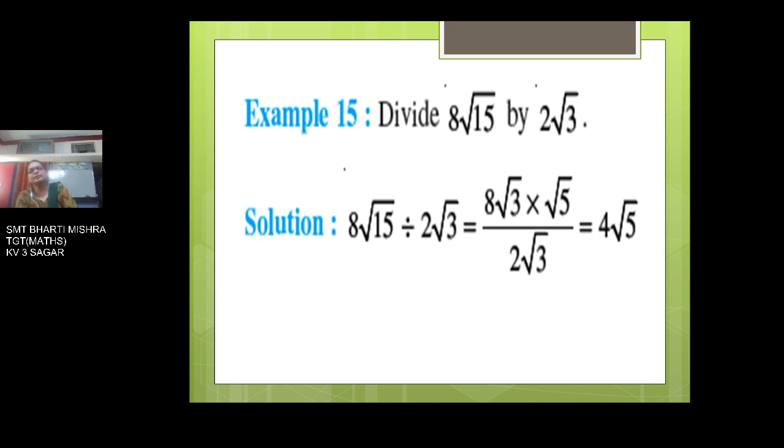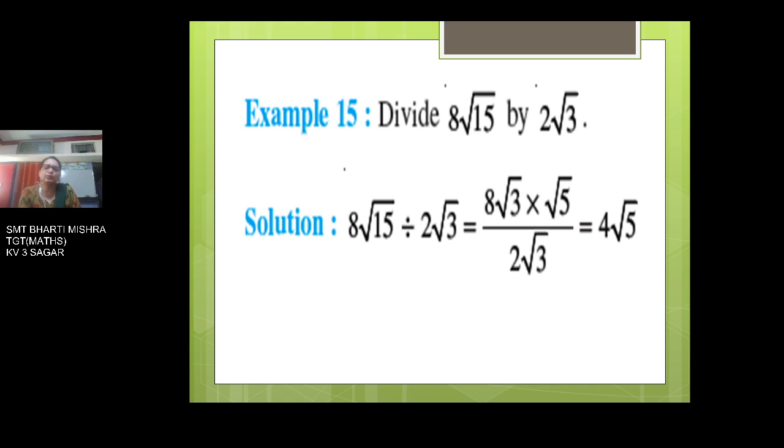Now let us consider an example of division. In order to divide 8 root 15 by 2 root 3, the method is we write it in the quotient, in rational form. It comes to be 8 root 15 in the numerator and 2 root 3 in the denominator.